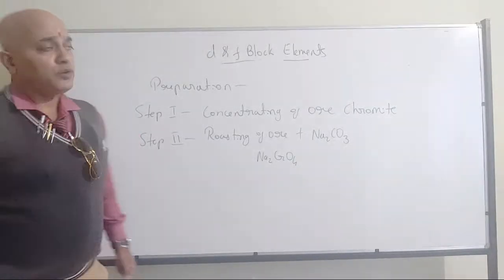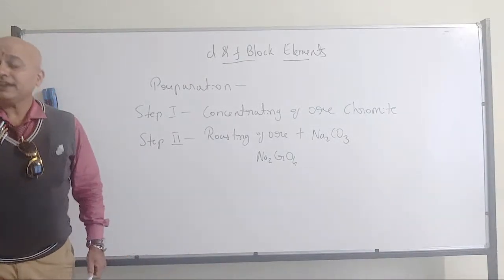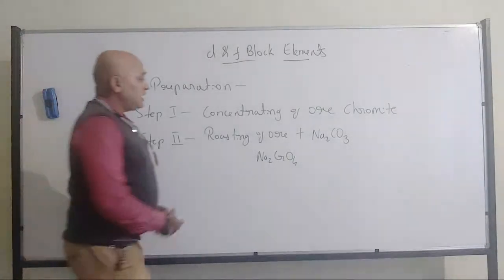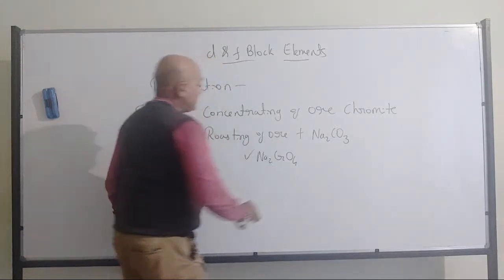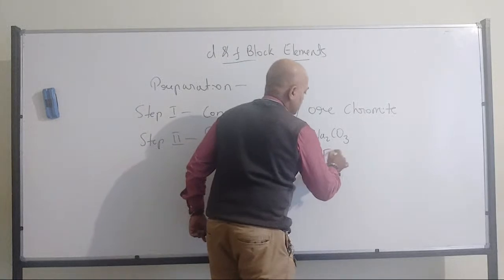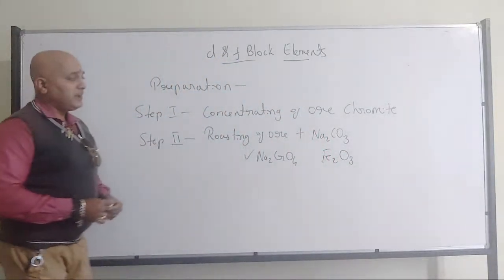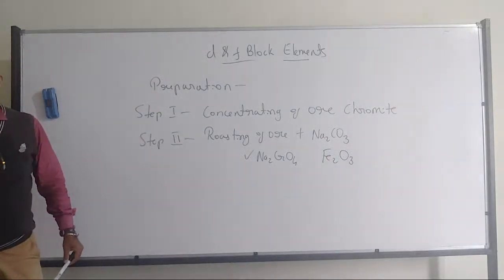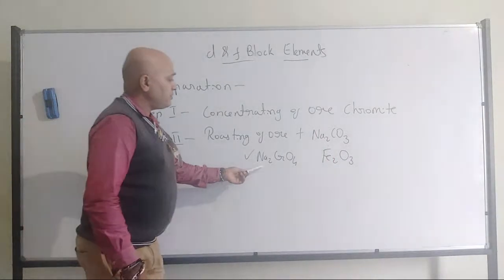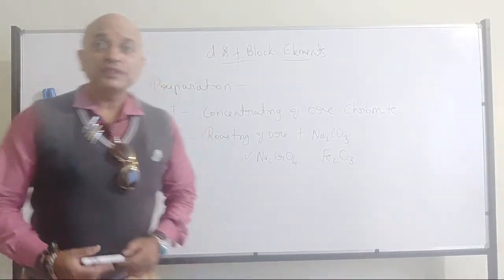Since chromite ore has ferrous oxide, that will become ferric oxide, right? Since sodium chromate is soluble, it will remain in solution, and whatever ferric oxide is there, Fe2O3, will be insoluble. So naturally for the next step, it can be easily taken because one is soluble and another one is insoluble.